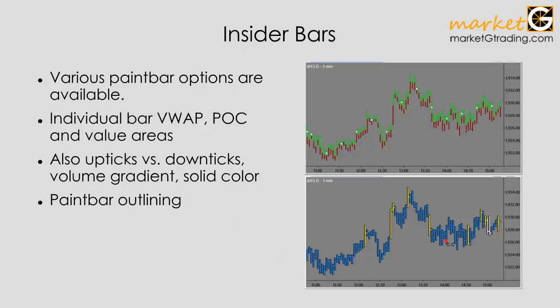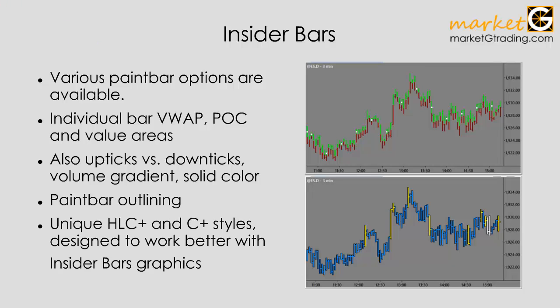Here's an example at the bottom showing an outlined paint bar. And I've included some high-low close plus and close plus styles that are unique to Insider Bars because they work better with the graphics. And we'll see some of those a little later on.